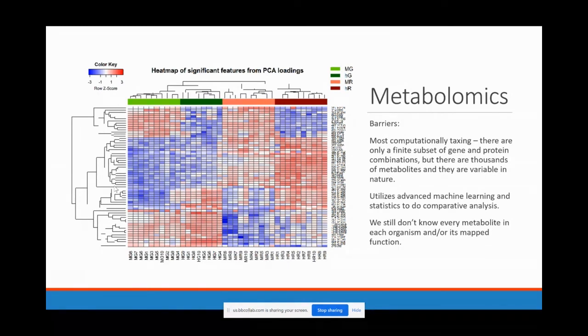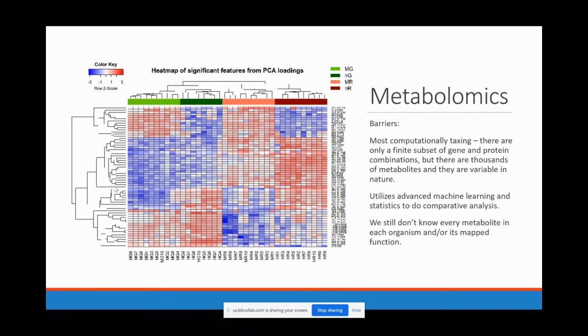They also are variable in their nature. What I mean by this is, again, genes are only made up of nucleic acids. Proteins are only made up of amino acids. Metabolites could be any structure. They could be a lipid. They could be a small amino acid. Their structural complexity is completely different from one another.